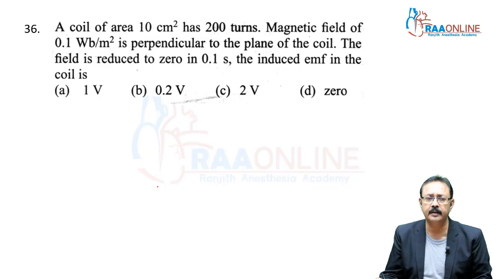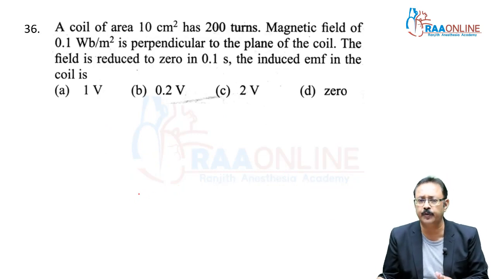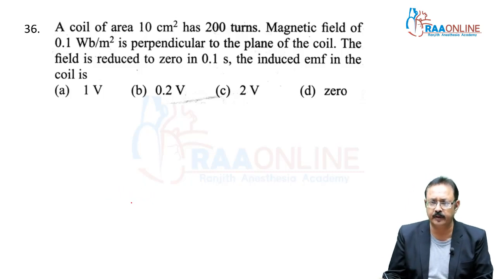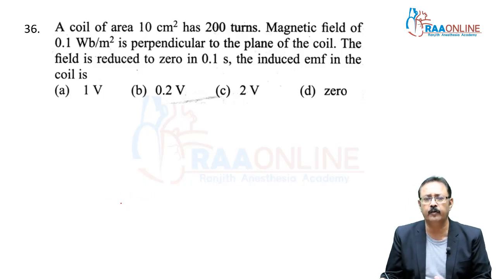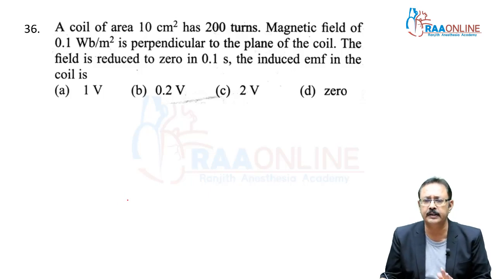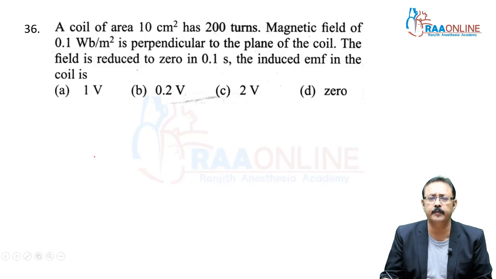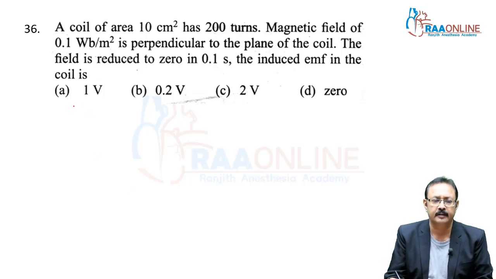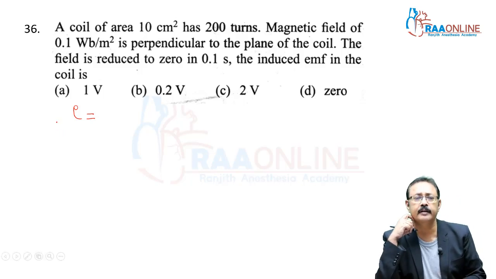Next, 36. A coil of area 10 square centimeter has 200 turns. The magnetic field is 0.1 Weber per meter square, perpendicular to the plane of the coil. The field is reduced to 0.06 in 0.1 second. The induced EMF is, we know that what is changing here?